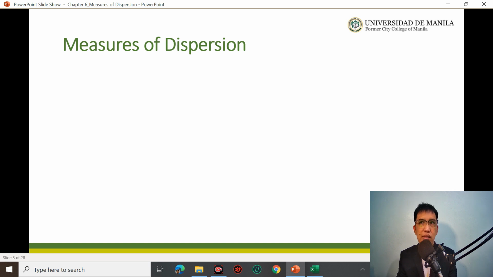And in here, malalaman natin sa discussion natin if the set of data that we collected are heterogeneous, meaning magkakaiba, variety or variation, or homogeneous. Homogeneous meaning to say they are compact. Okay? They are dispersed.